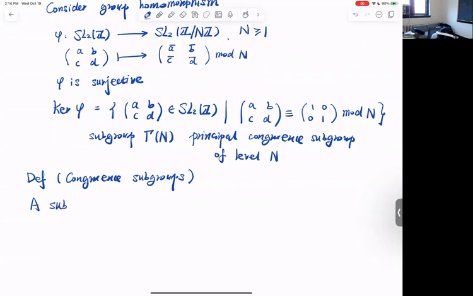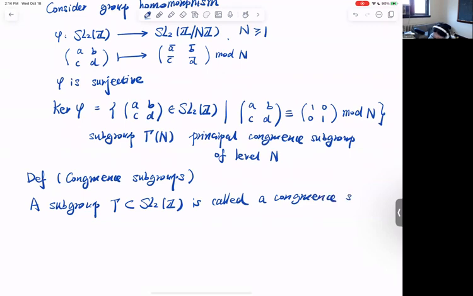A subgroup gamma of SL2Z is called a congruence subgroup if some gamma of n is inside gamma, for some capital N. As you see, the larger capital N is, the smaller gamma of n is, right?